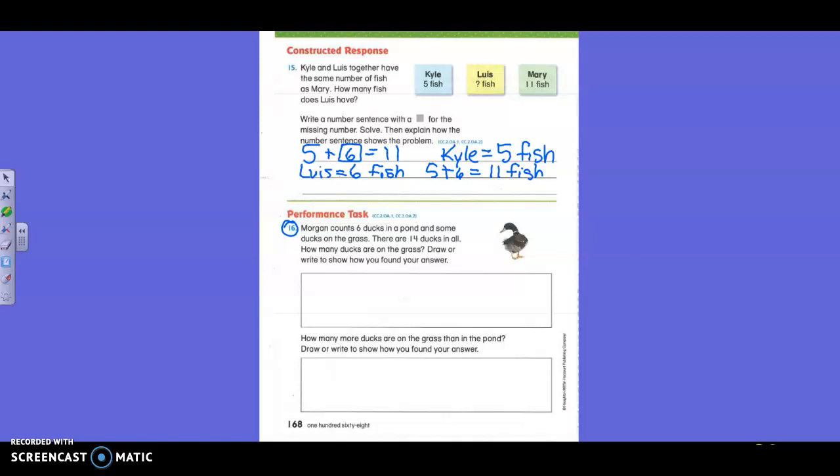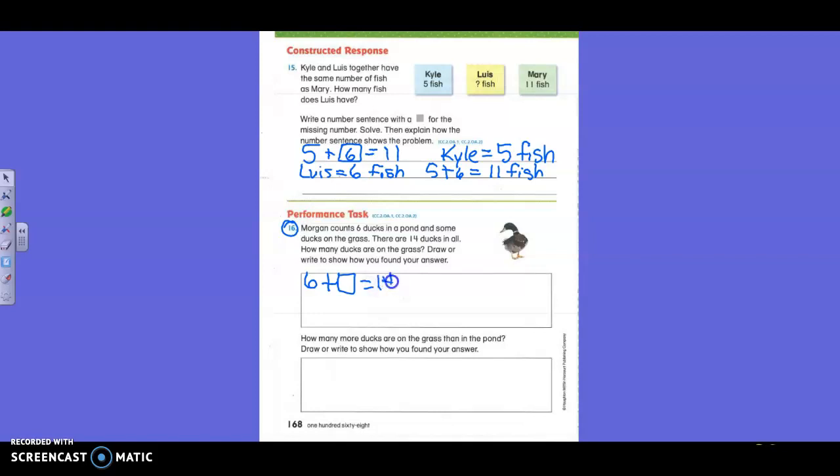So first, let's write. Morgan counts 6 ducks in a pond, so that's going to be 6, and some on the grass. Plus box. 6 plus box equals 14, because there are 14 ducks in all.